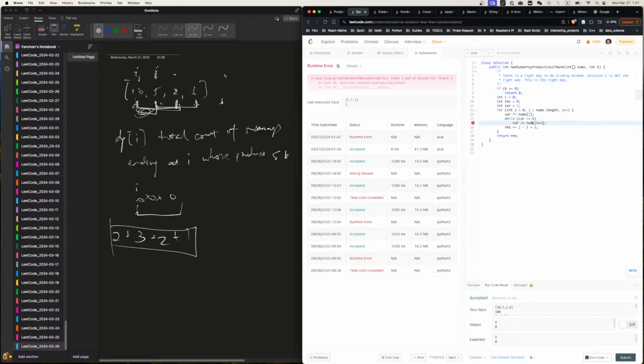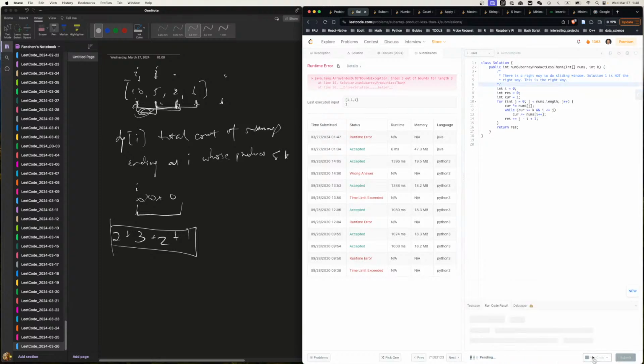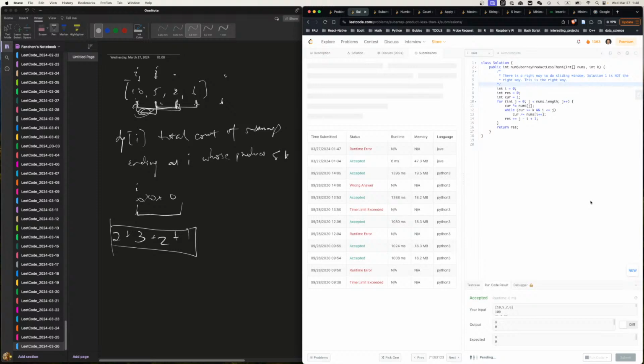So it should be like this. Well, this and I is smaller or equal to j. How about this? I is smaller or equal to j. So we cannot keep moving I forward. So maybe I don't even need this condition. I can just rely on I smaller or equal to j. Yep. That's actually I think better than the official solution.